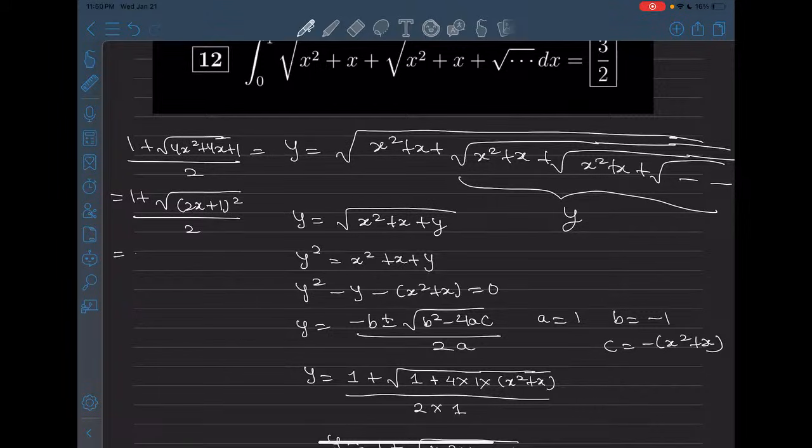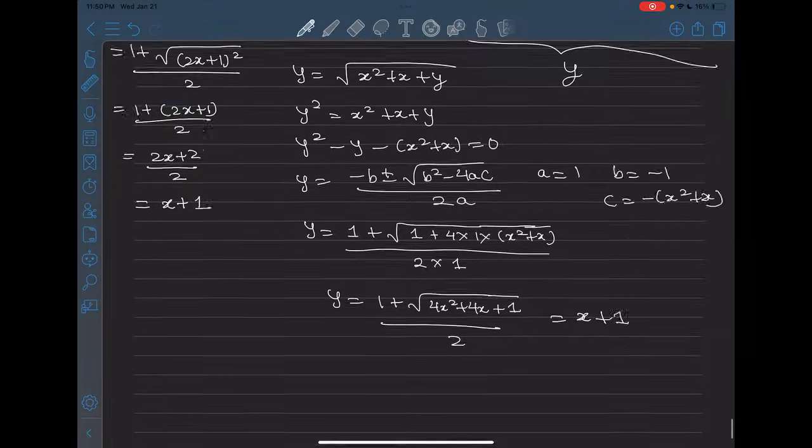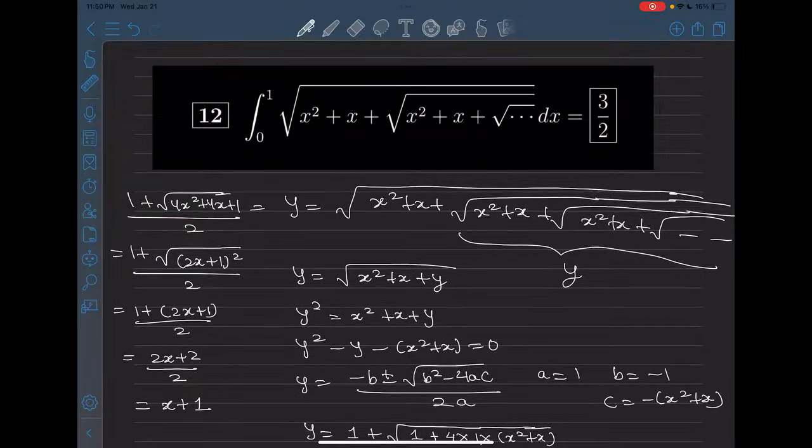So this is 1 plus 2x plus 1 divided by 2. So this is 2x plus 2 divided by 2, so this is x plus 1, right? This was a very nice simplification, guys. Who would have thought that this whole thing is just x plus 1?